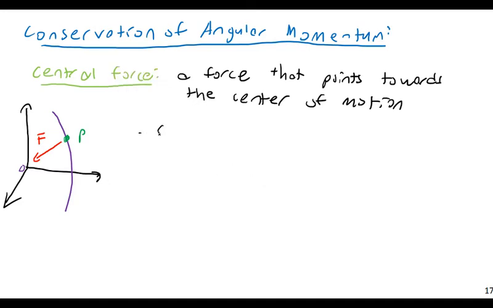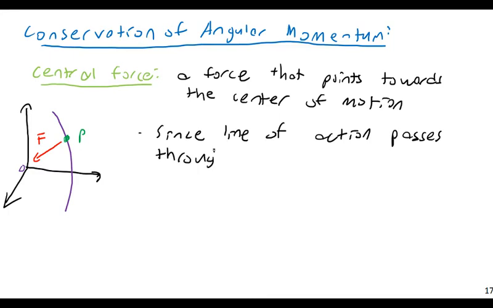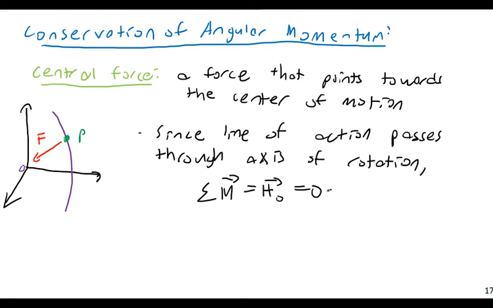So again, since the line of action passes through the axis of rotation, the sum of moments vector, which is equal to the rate of change in the angular momentum, has to be equal to 0.